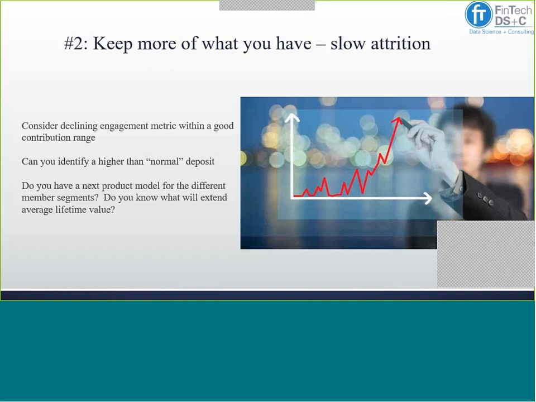So a lot of times, rather than the cost of going out and getting new members or getting more deposits from existing members, we can simply slow that rate of attrition and look at what we're losing, why we're losing them, did they get into the right products and services to begin with, or how can we increase that average life of that member.